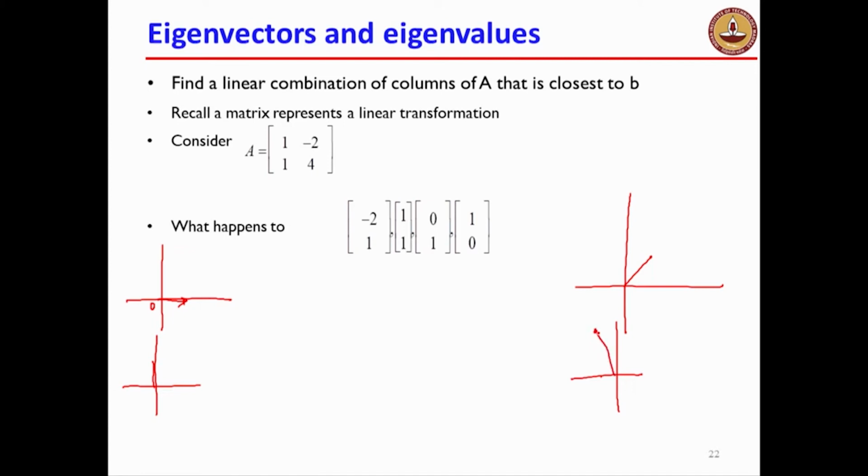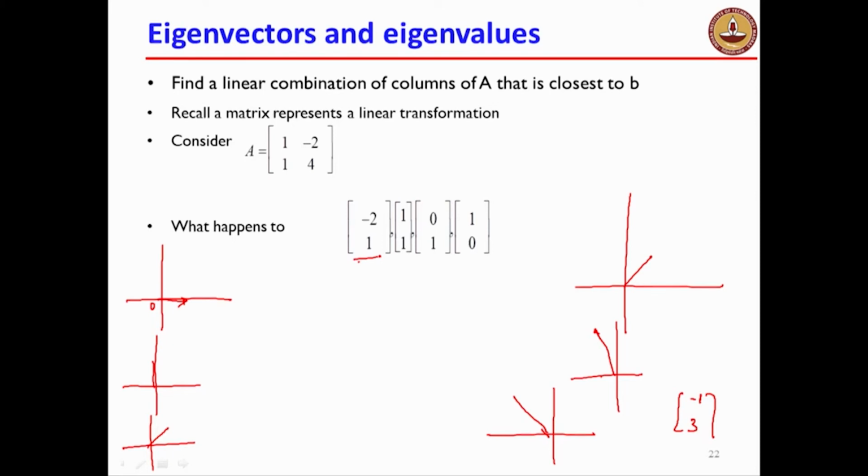Now the vector 1, 1, that is a 45-degree line. What happens to it after transformation? Now the vector minus 2, 1 after transformation. What happens to this vector?